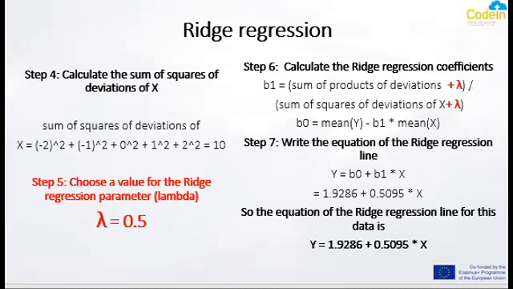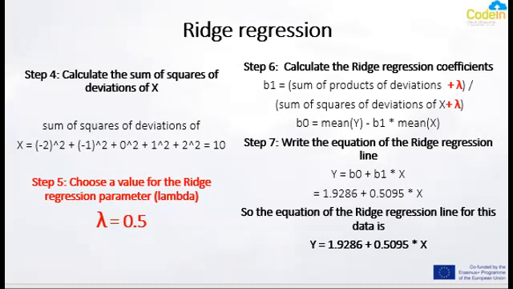The main difference between ridge regression and linear regression lies in step 5. In ridge regression, we add a penalty term to the sum of squares of deviations of x to control overfitting. This penalty term is controlled by the ridge regression parameter lambda, which determines how much we want to penalize the complexity of the model.